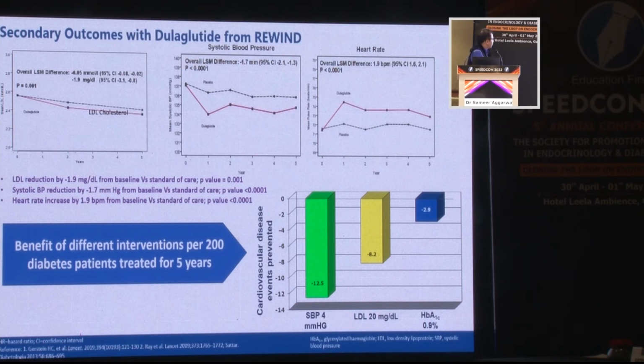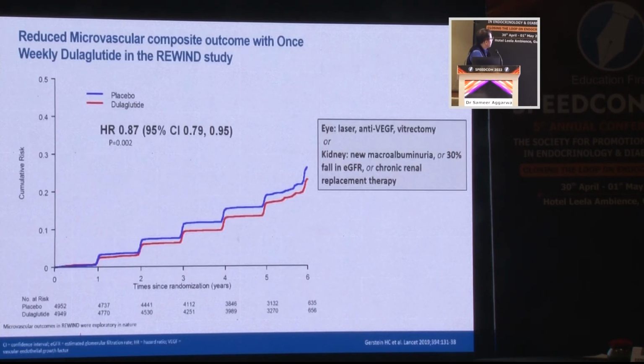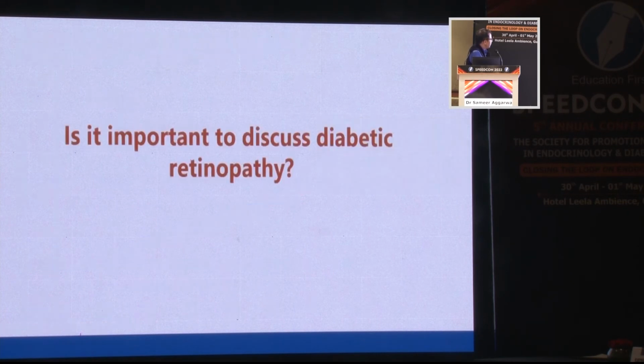So I think the benefits of different interventions like systolic blood pressure reduction, LDL reduction, and HbA1c control seem to be the approach. And reduced microvascular composite outcomes we have also clearly seen, but the important thing to talk about is diabetic retinopathy. In fact, that was one of the concerns shown by the SUSTAIN trial in the semaglutide population. There was increased incidence of retinopathy.